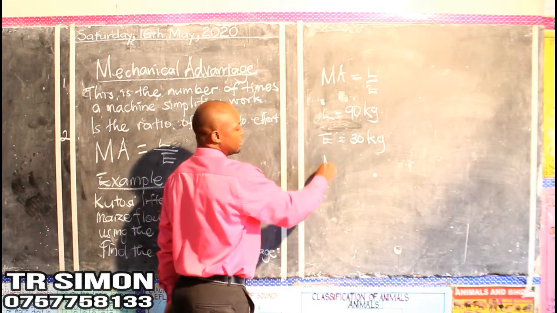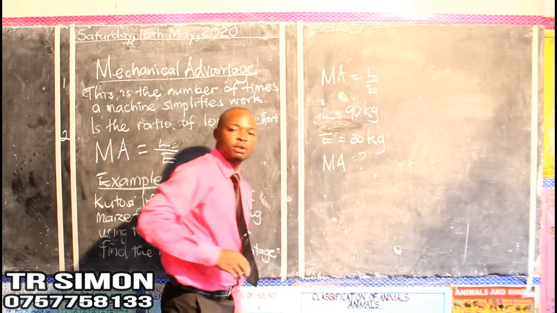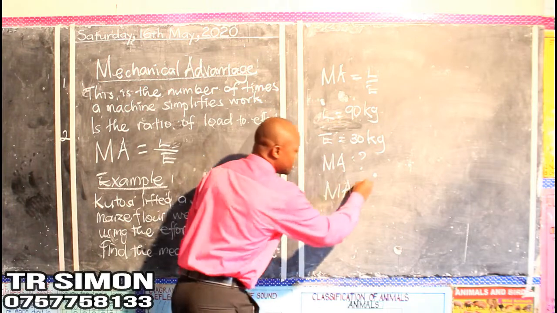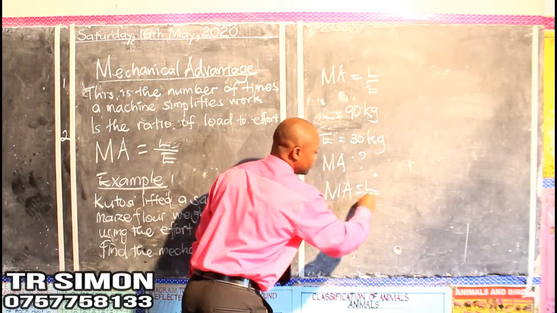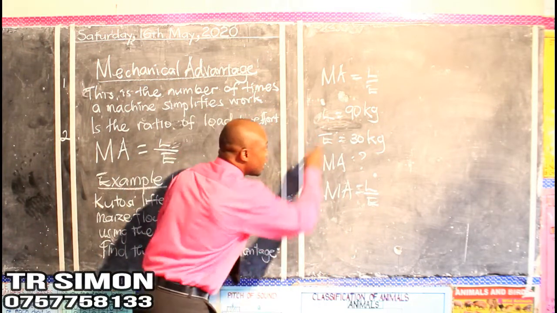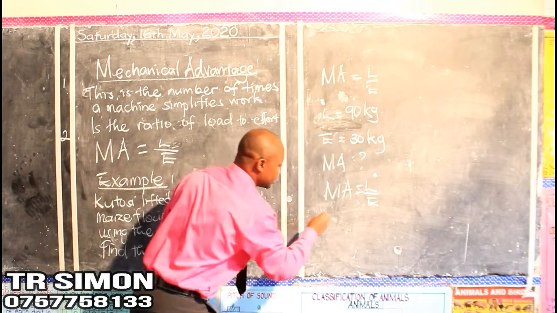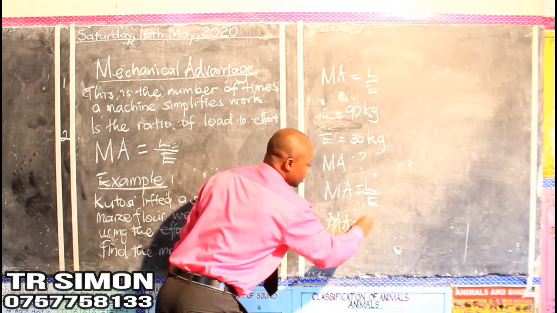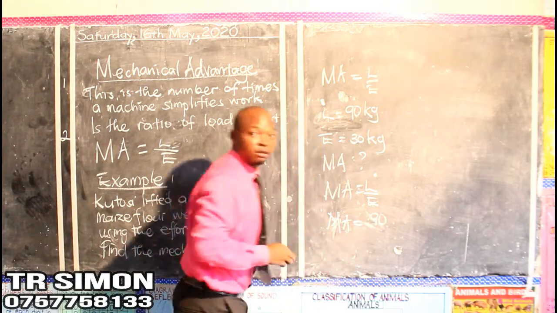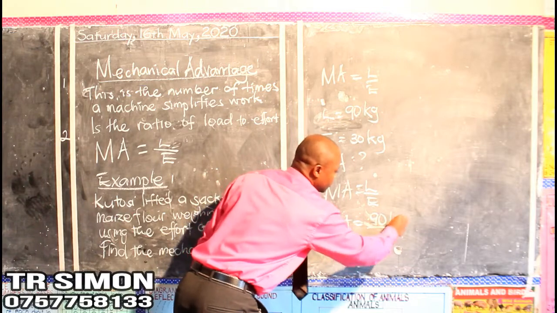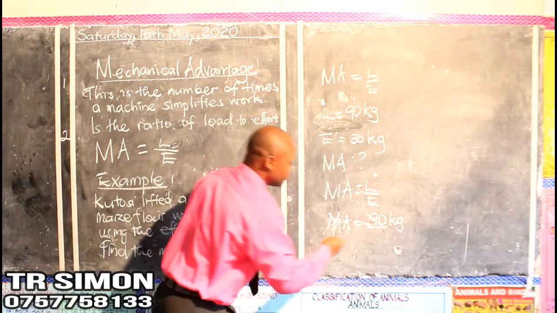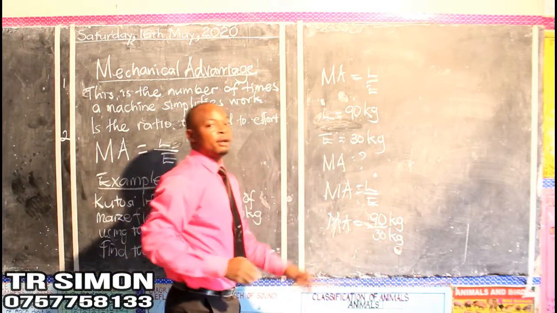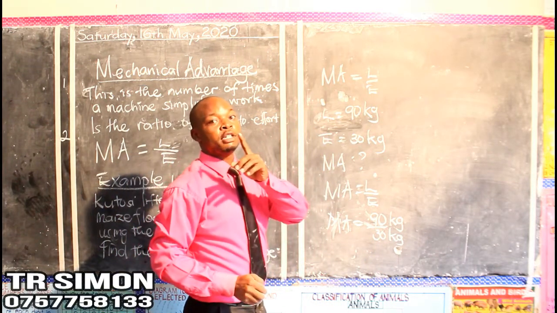But mechanical advantage here is not known. So mechanical advantage is equal to load, which is 90 kilograms, out of 30 kilograms. But remember, mechanical advantage here is not going to have a unit.